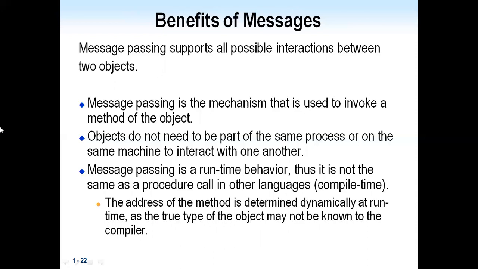In C language we use pass by value and pass by reference, but in Java language we use message passing. It represents runtime behavior. Next, the address of a method is determined dynamically at runtime, as the types of objects may not be known to the compiler.